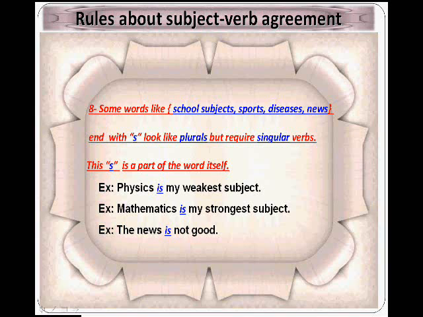The news is not good. Again, the word news here, I can't remove the S, so it needs a singular verb. We can't omit the S in the word news, so that's why we need the singular verb is. Measles is a dangerous illness for people, and measles is a kind of disease which affects some children and also elderly people.